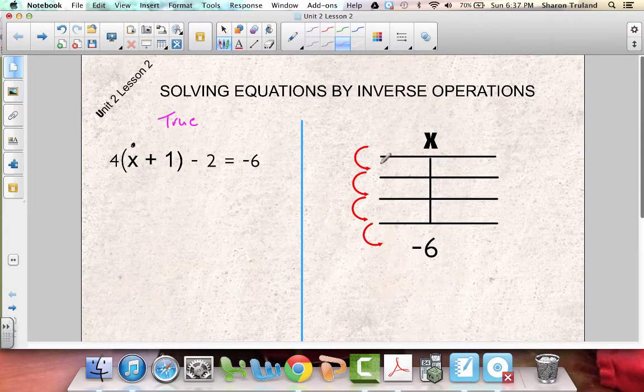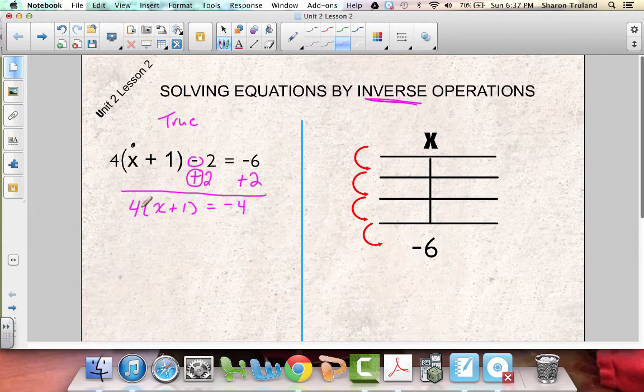So what we're going to do is we're going to solve this x. Now, most of you probably know that this is the first thing you do. You add 2 to both sides of the equation. Now that's where we're getting the word inverse operations, because the opposite of subtracting is adding. So we're going to undo them. -6 plus 2 is -4.